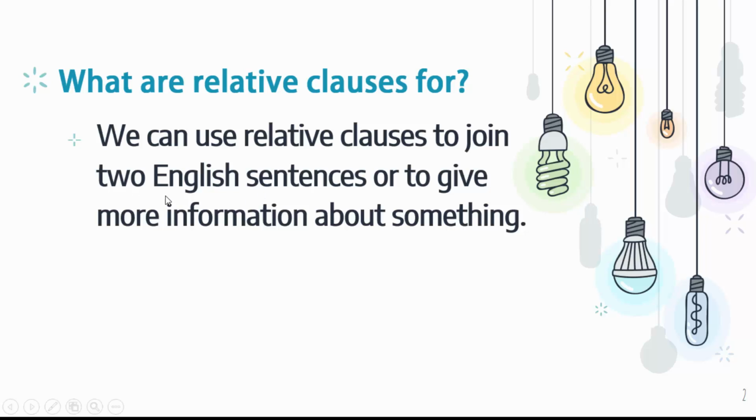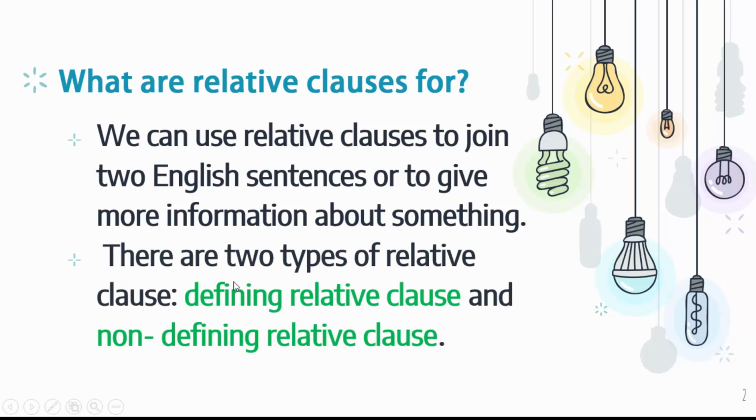Two English sentences together means two sentences become one sentence, and it can also be used to give more information about something. There are two types of relative clause. The first one is defining relative clause, and the second one is non-defining relative clause.